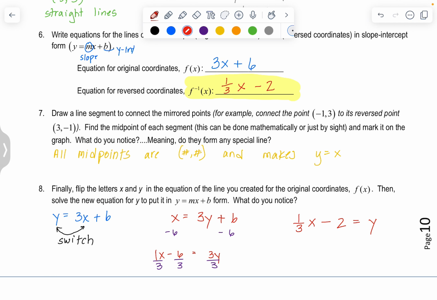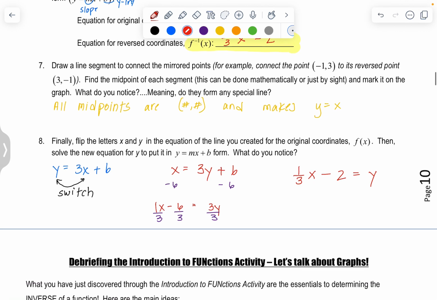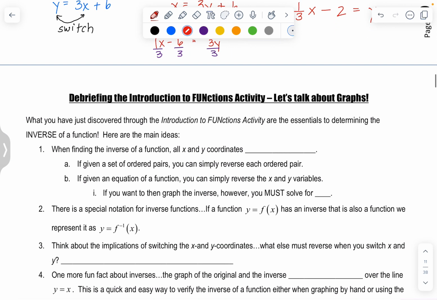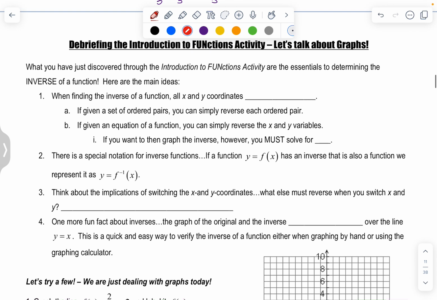If you are given a graph, the inverse flips over the line y equals x. And if you are given an equation, you're going to change the y and the x, and then you're going to solve it for y. That's just something that you need to know about when we start talking about inverses. So let's continue on here.